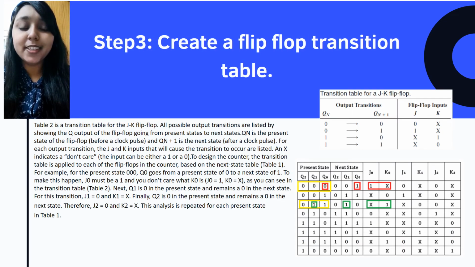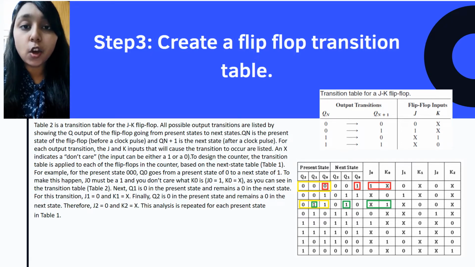Step 3. Create a transition table. From Table 2 we can see the transition table for the JK flip-flop. All possible output transitions are listed by showing the Q output of the flip-flop going from the present state to the next state.